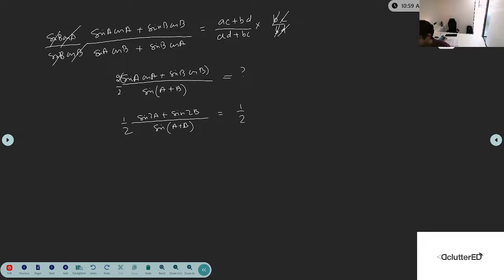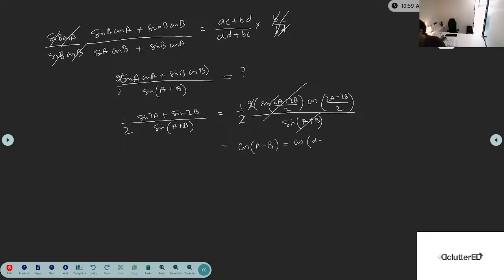I can write it as half of sine of 2a plus 2b by 2 into cos of 2a minus 2b by 2 into 2 by sine of a plus b. I know 2a plus 2b by 2 is a plus b, so this term will cancel with this, and I have the final answer as cos of a minus b, which is cos of alpha minus beta. And that's our answer to this question.